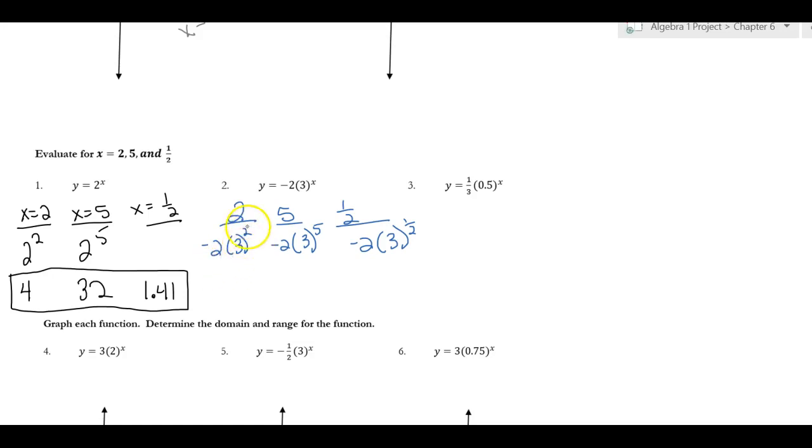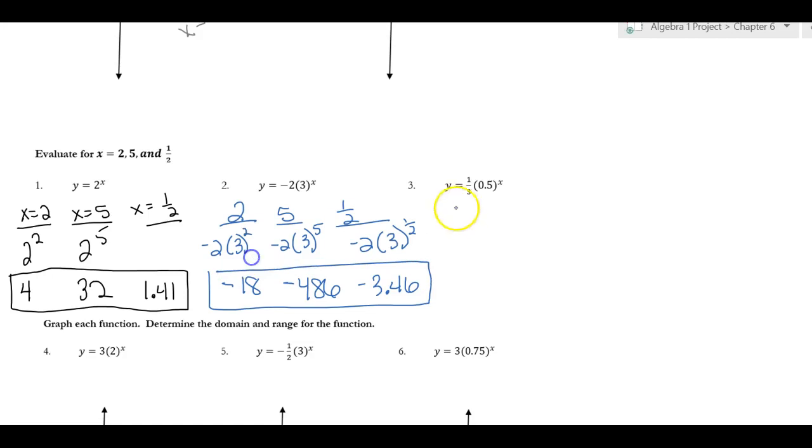You do exponents first. So that's 9. And 9 times -2 is -18. I don't know what 3 to the 5th is, so I'm just going to plug this whole thing in the calculator. And so I get -486. And then the next one I'm going to plug in the calculator, -2 times 3 to the power of 1/2, which is -3.46. And those are the answers for that one.